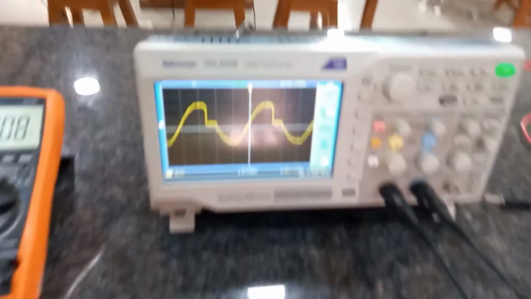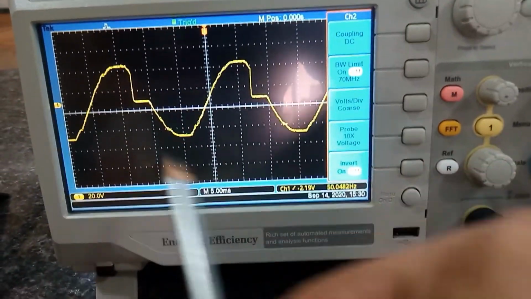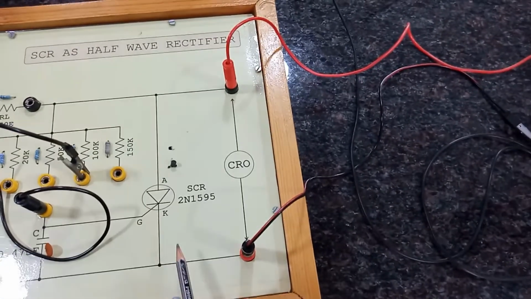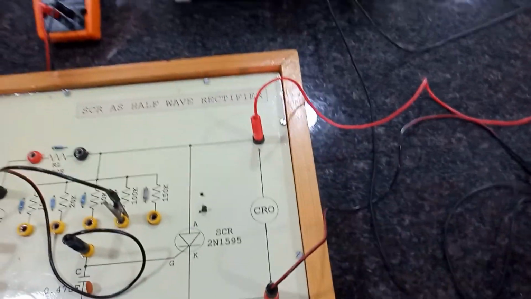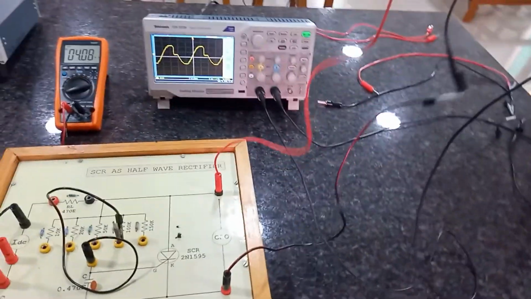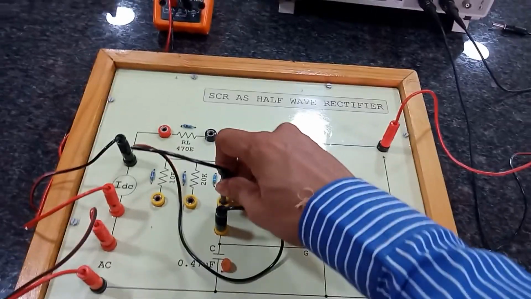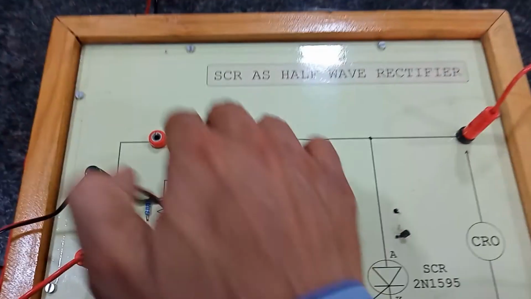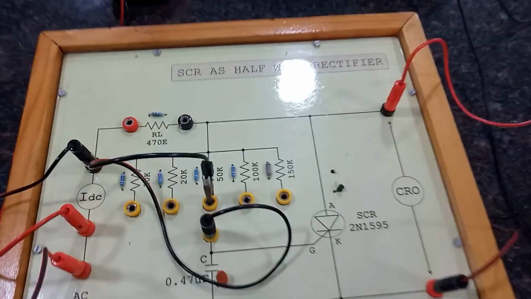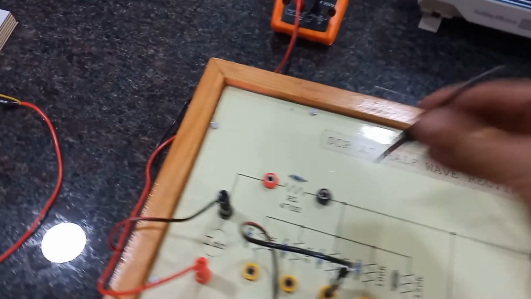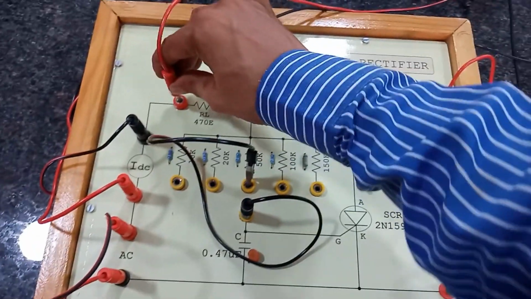Now one more thing, this is the waveform across the SCR, across the anode and cathode of an SCR. You can see we have connected the CRO over here. In the same way, we can also connect the CRO across the load resistance. Let us connect over there. So this is the negative, this is the positive.